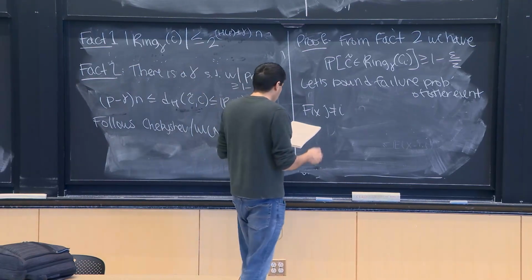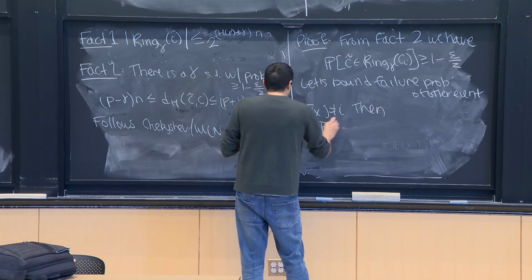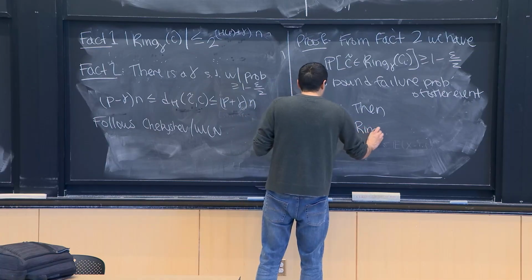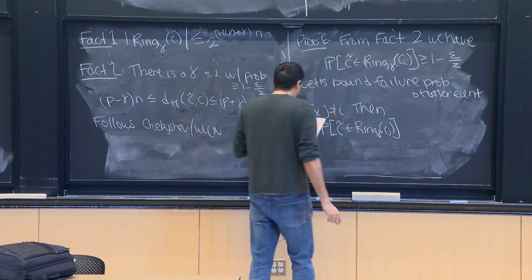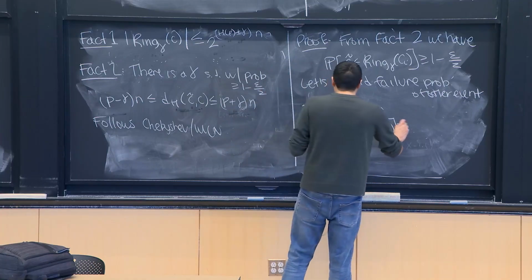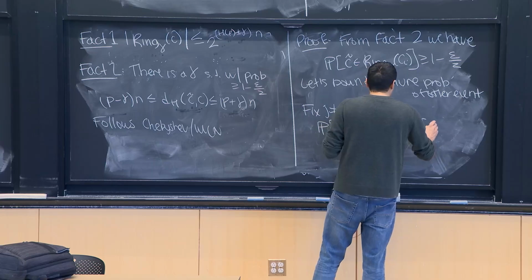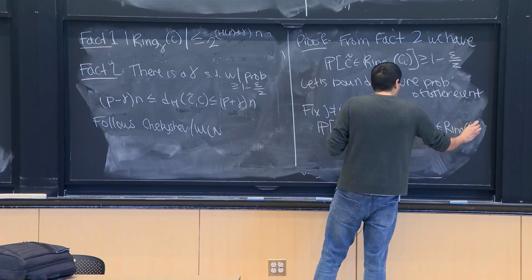In that case, the probability that C tilde belongs to the ring of some width gamma around Cj, well, I claim that this is the same thing, this is one of the key tricks in here, as the probability that Cj belongs to the ring of C tilde.